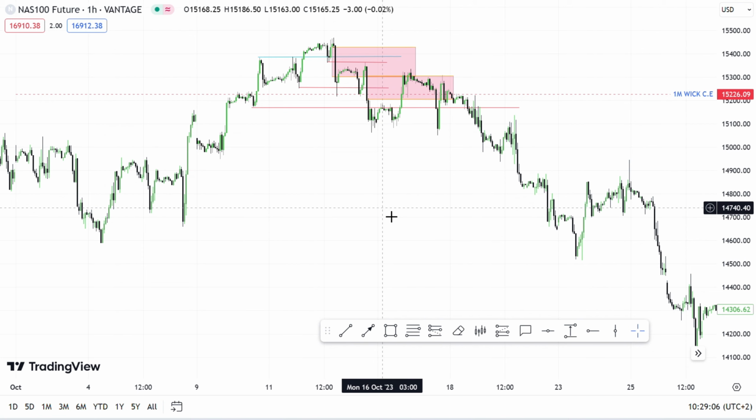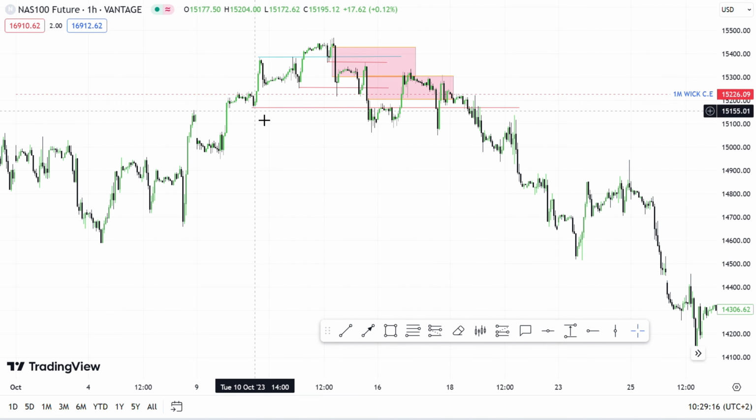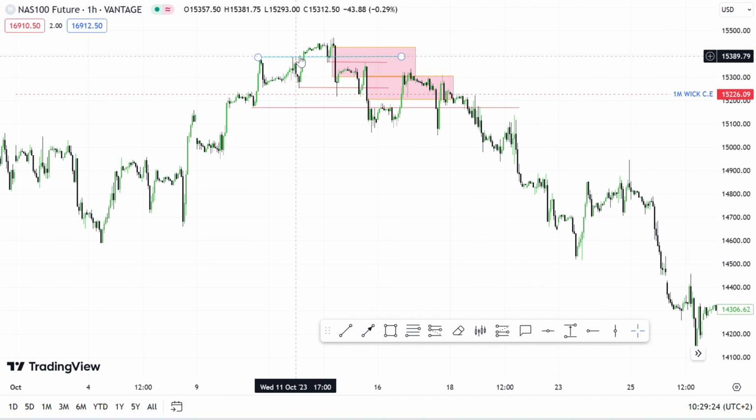So I'll explain this again. How did we know that we're in a sell model, and how did we know that liquidity was taken? You had an expansion from here to here, so you mark the low and the high. After marking this, price plays around. If you want a sell model to play out, you want the high to be taken. So the high was taken here and the market ranges.